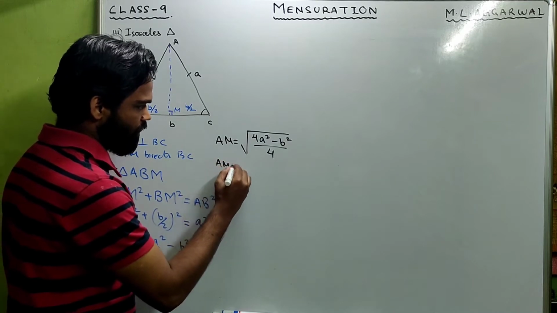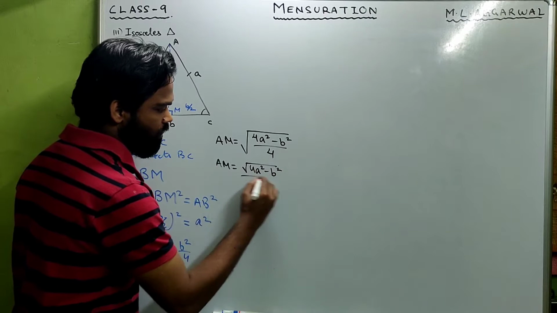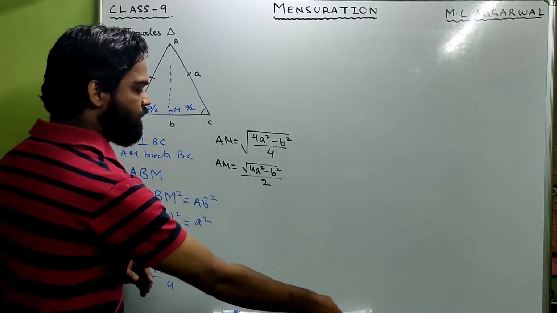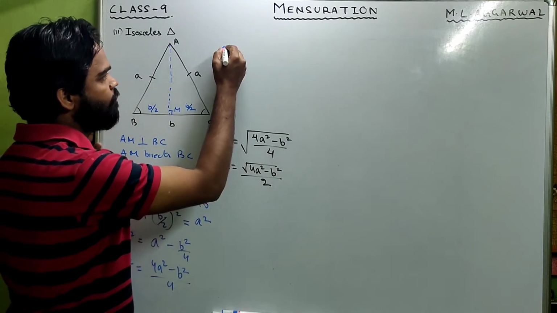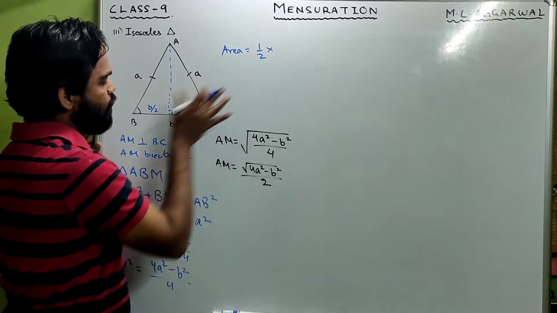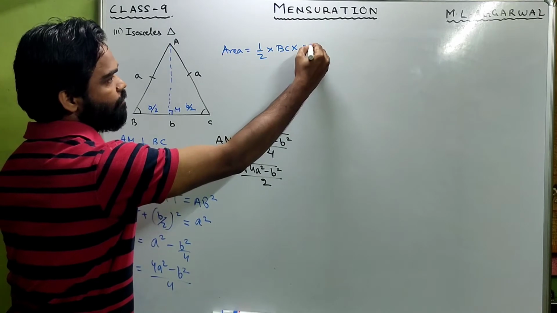So AM becomes root over 4a square minus b square, by 2. Clear? So we got the corresponding height, that is AM in this case. So area will be half into base into corresponding height, that is AM.